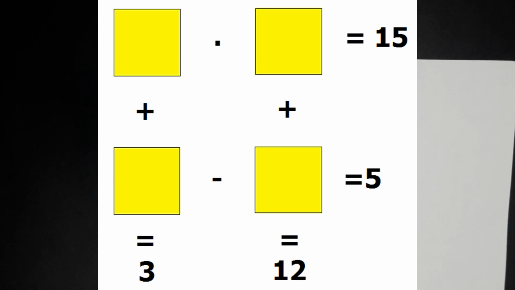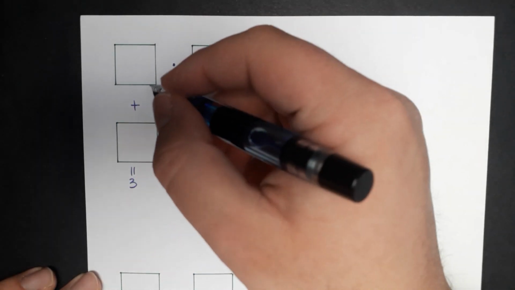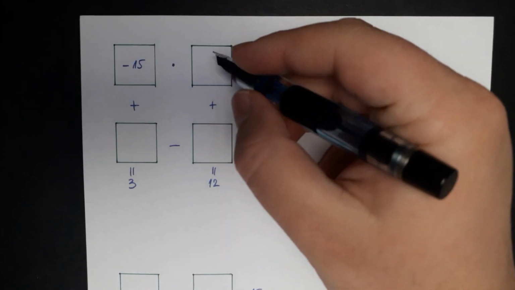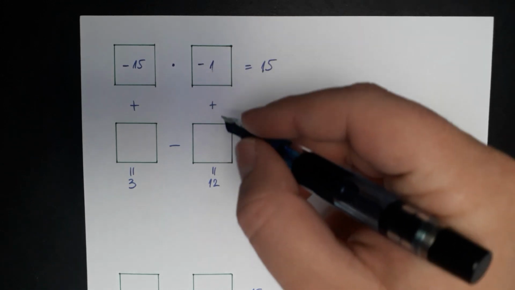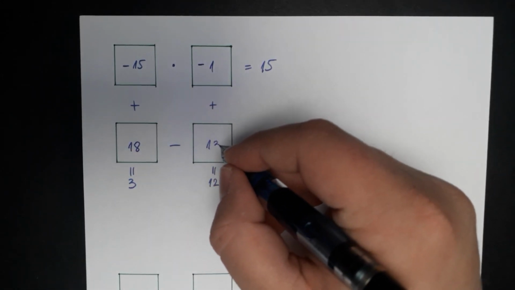Finally, you can see that we have found two valid combinations, and you can now plug in the numbers into these yellow boxes and make a final check if everything is all right. So in the first case, we had that a1 was equal to -15, b1 was -1, c1 was 18, and d1 was 13.